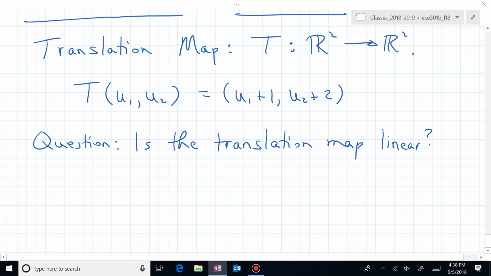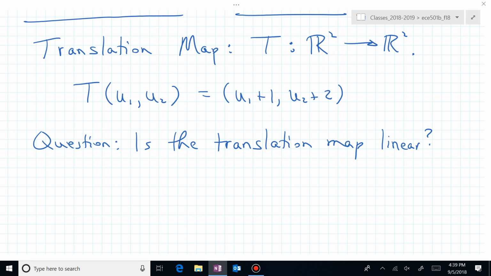Now I might say on an exam, prove or find a counterexample, or prove or disprove that this map is linear. And you're going, oh, I need to prove it, and you start thinking about a proof. But sometimes what you might want to do is look at a few examples and see if those examples are living up to what you're trying to prove. If all of your first 5 examples fall right in line, then you go, maybe I need to prove this.